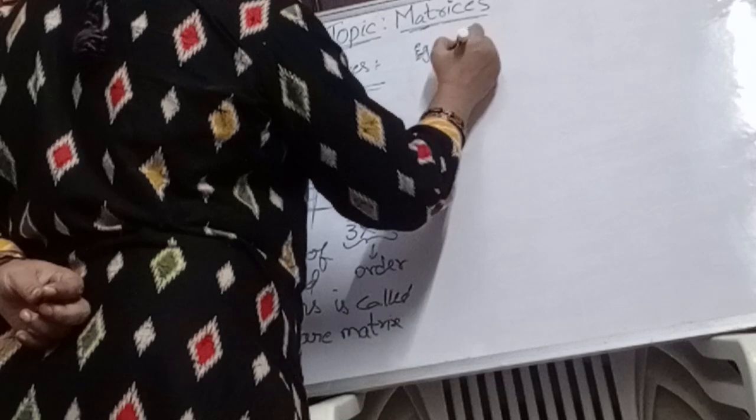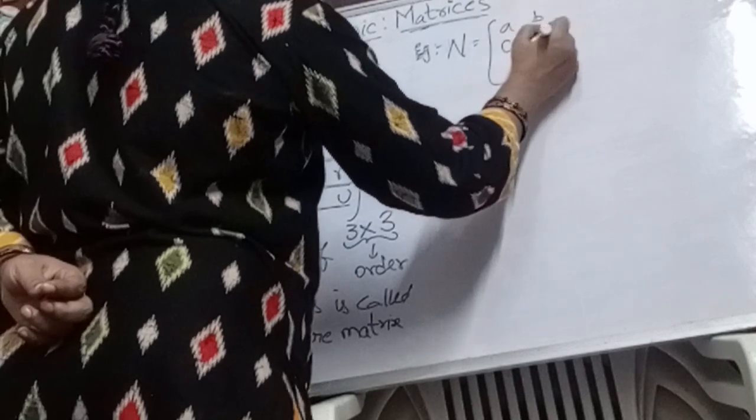Say for example, take capital N with elements A, B, C, D, E, F. Here what do you observe?